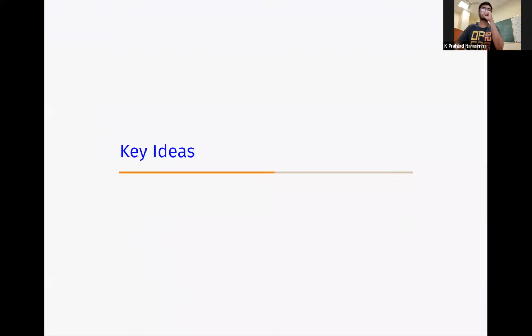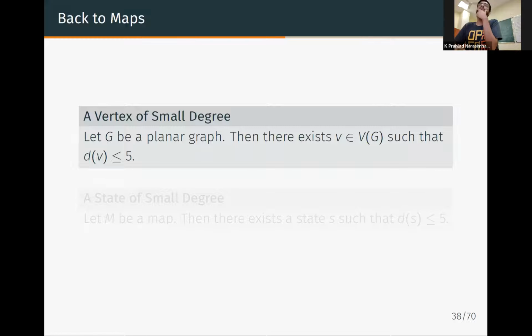Now we look at key ideas that led to the 4-color theorem. This is most of the mathematics that we'll be doing in this talk. Everything else is mostly intuitive stuff. Anyway, let's go back to maps because I find them a little more intuitive. They look nicer, you can color them better and so on.